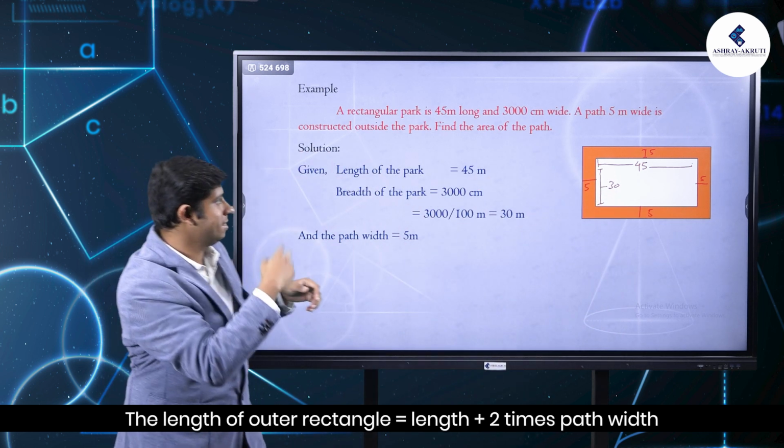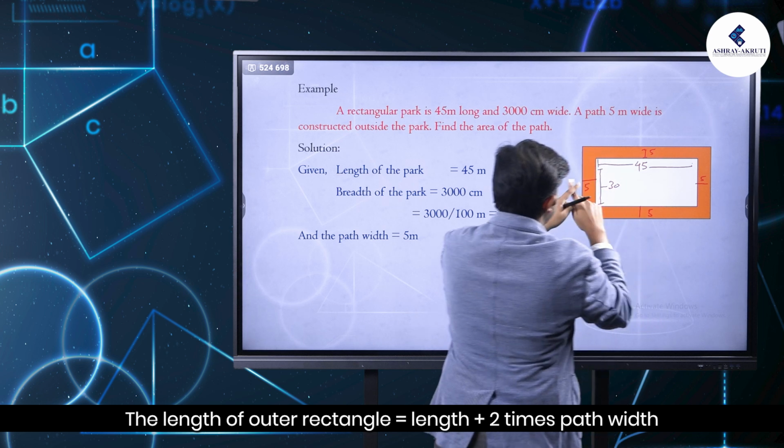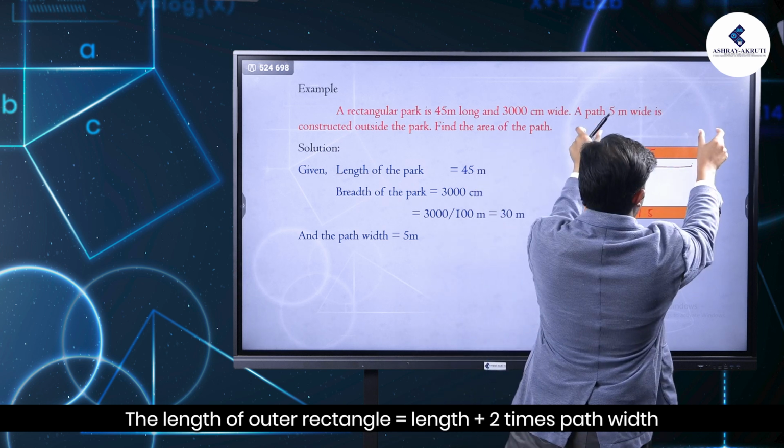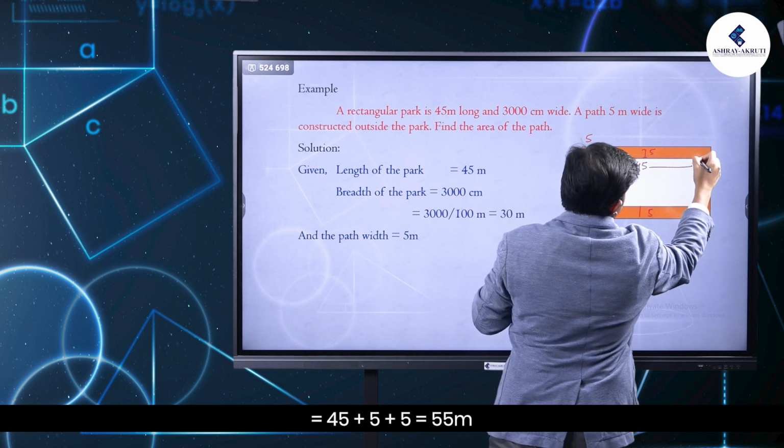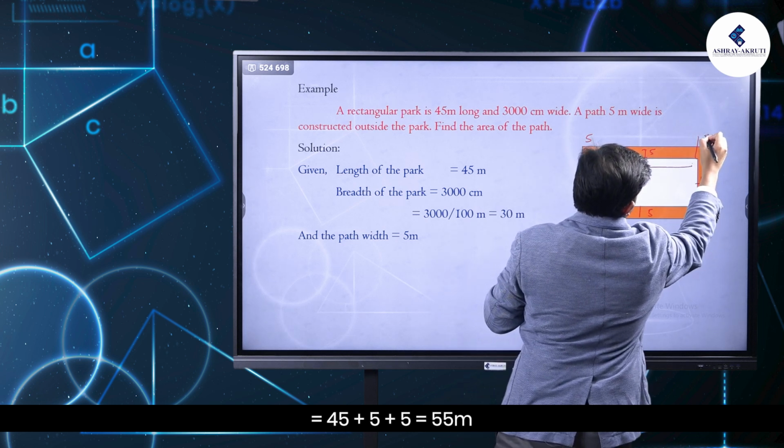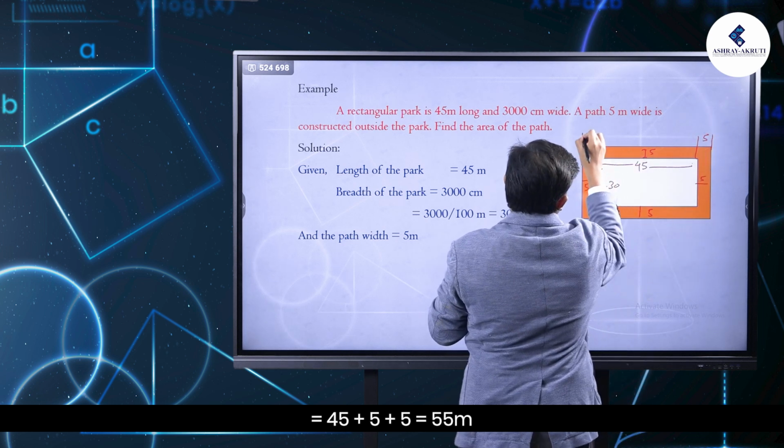The length of outer rectangle is equal to length plus 2 times path width, which is equal to 45 plus 5 plus 5, which is equal to 55 meter.